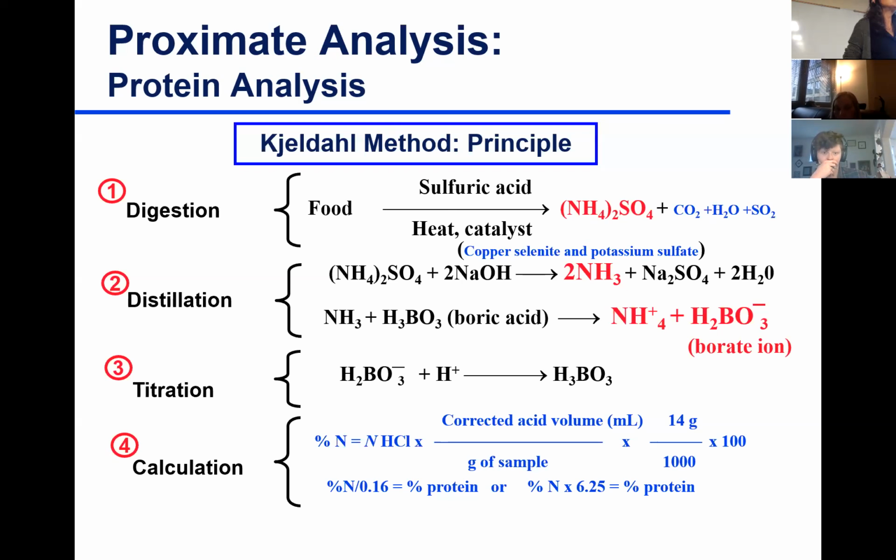That's very important because you want to preserve the acid with the sample to have efficient digestion. If the acid evaporates, you'll have less acid to react with your sample. So you want to enhance the efficiency of this step. You increase the boiling point of sulfuric acid with the addition of a catalyst: copper selenide or sulfate sometimes, and potassium sulfate are your catalysts.